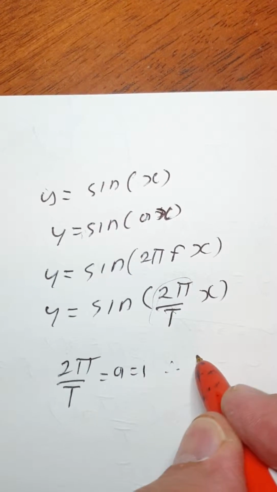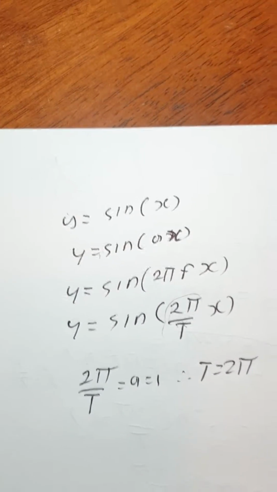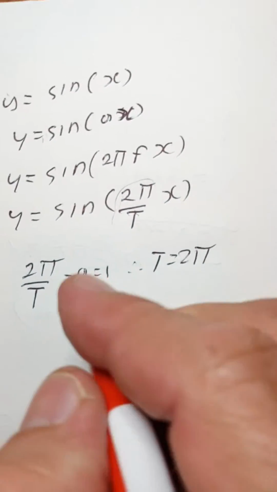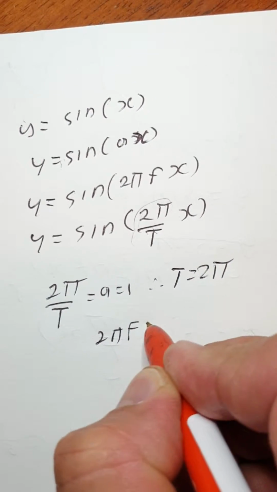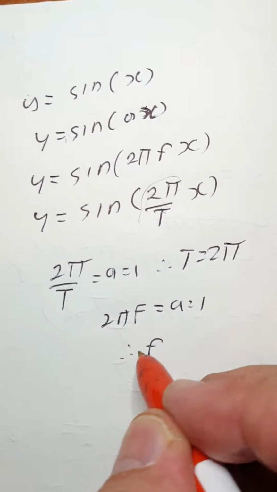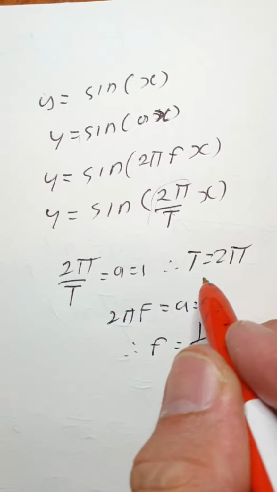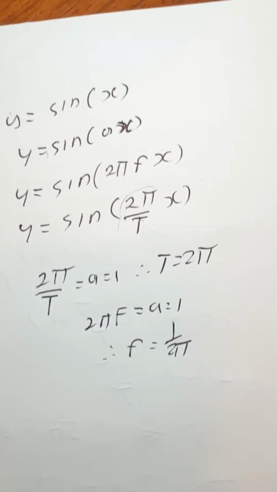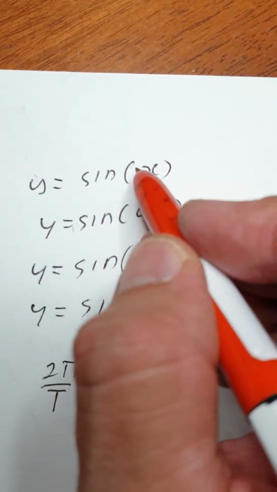Therefore, we can go, oh look at that, the period equals 2 pi, which also meant then that 2 pi f equals a, which equals 1. So therefore f equals 1 on 2 pi. f is the frequency, T is the period. We cover those things.